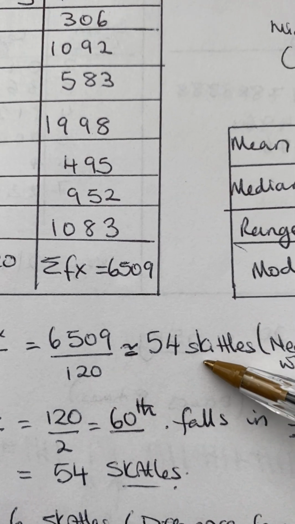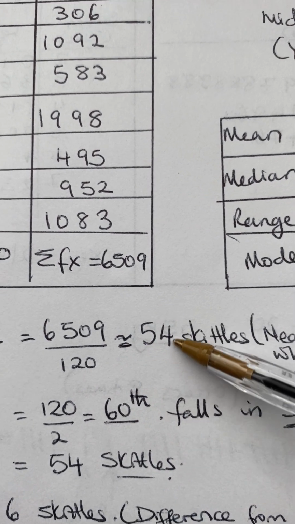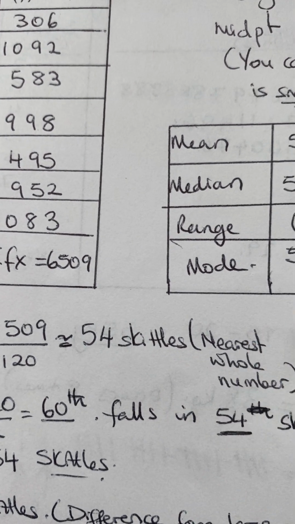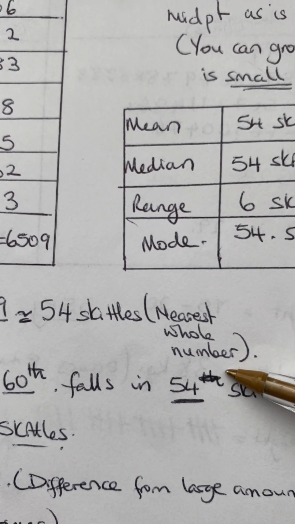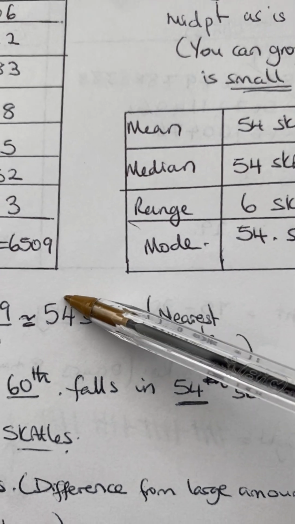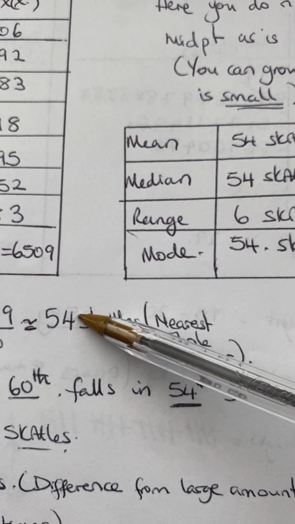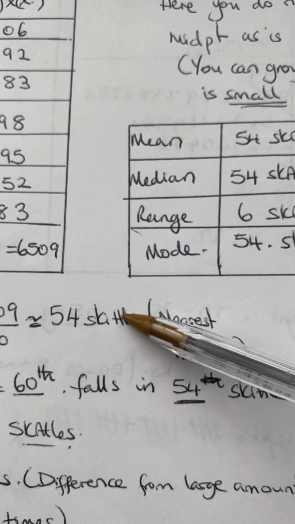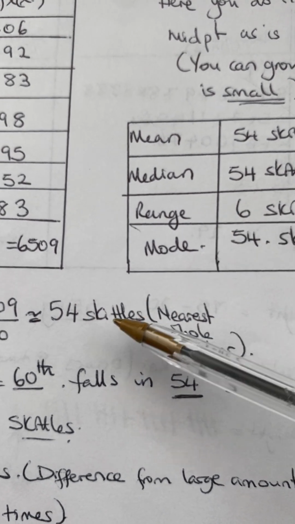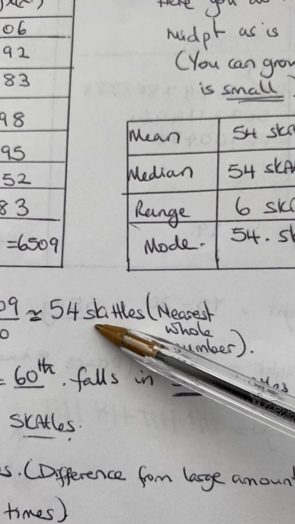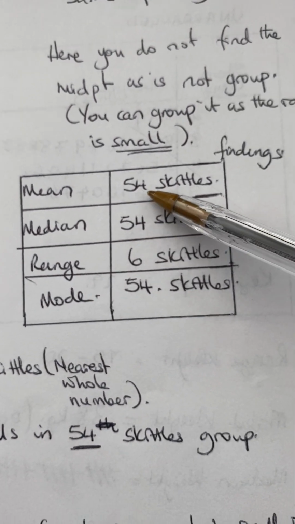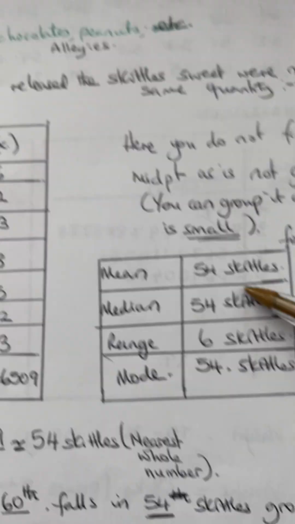So you have approximately 54 skittles to the nearest whole number. You can't have fractions of skittles, it's a small sweet. So here again, be mindful. So 54 skittles is your mean.